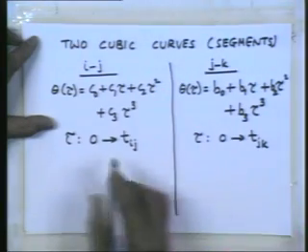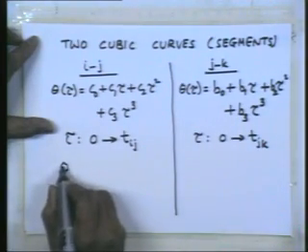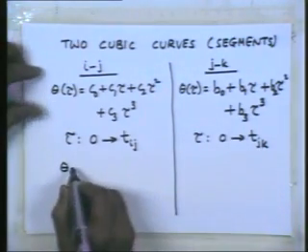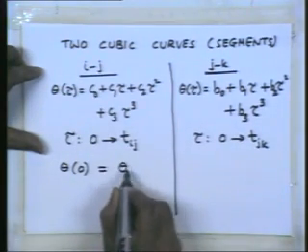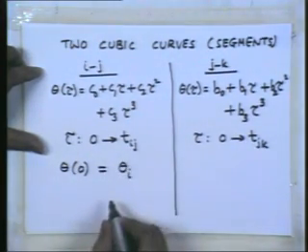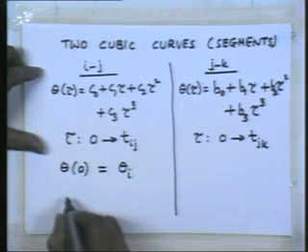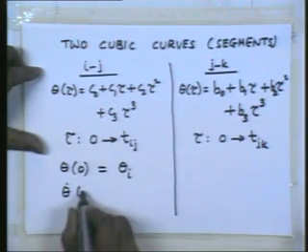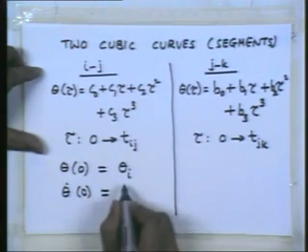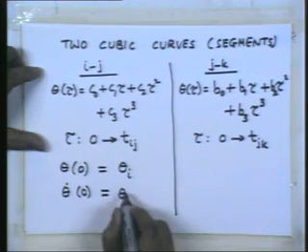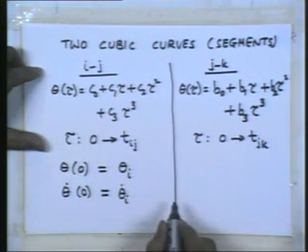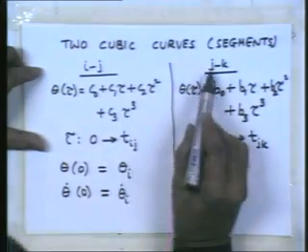Okay. So now the constraints are that theta of 0 for this segment should be the initial position, or the theta I. We have also said that the velocity is specified here. So theta dot of 0 at the beginning of the motion in the ij segment is the prescribed value of the velocity at the position I, so theta I dot. And the position at j is specified.